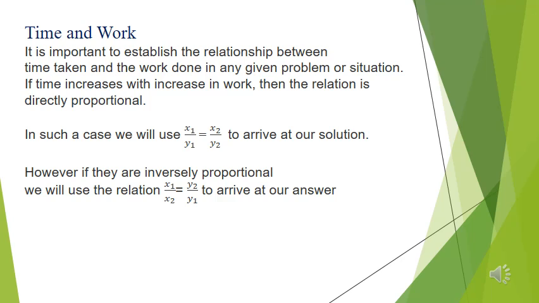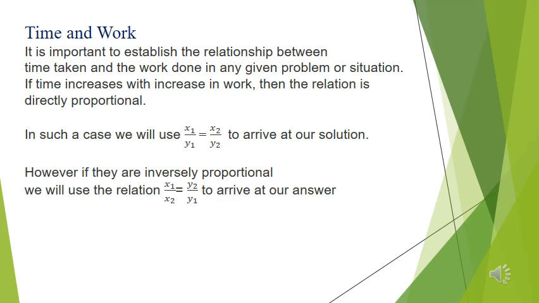Students, this is the application of direct and inverse variation, that is, time and work. It relates our topic of direct and inverse variation with time and work, or time and speed. If we spend more time on some work, we do more work.